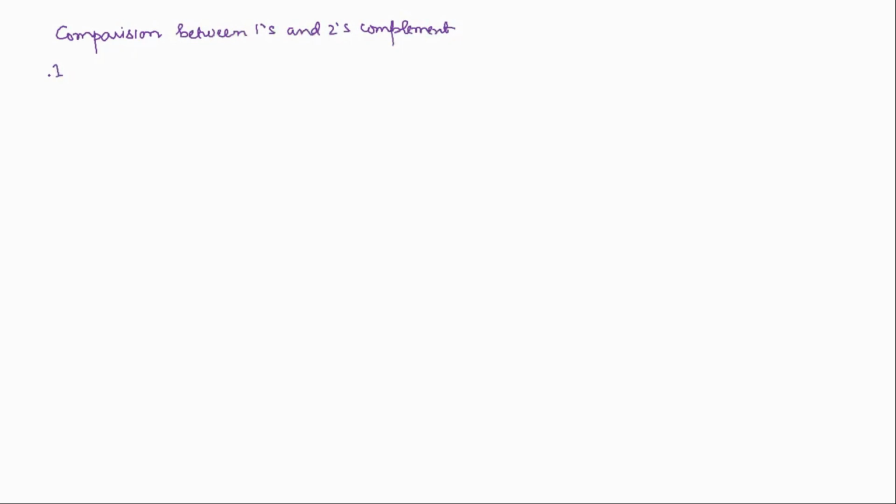So the first thing is, as far as your hardware is concerned, we prefer 1's complement. Why? Less hardware is involved. Why is it easy? Because only zeros to ones has to be done, only complement is to be done. That's why it is quite easy.